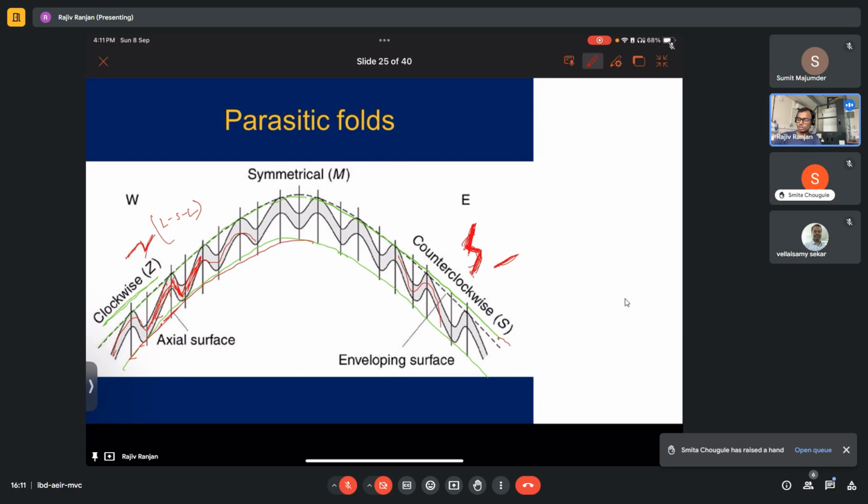If you have to extend this fold, it would be something like this, and this will continue like this.